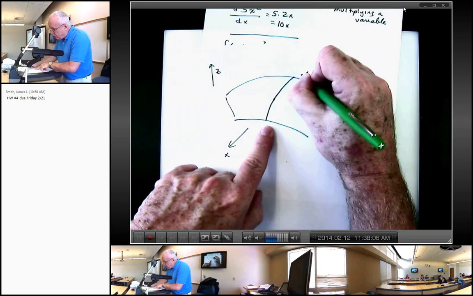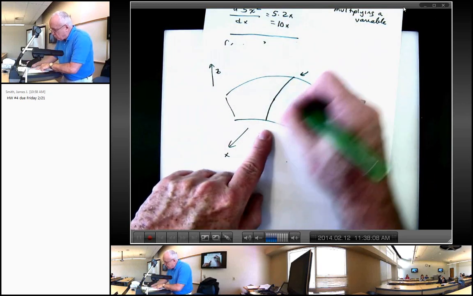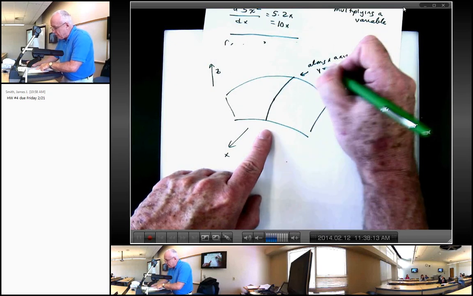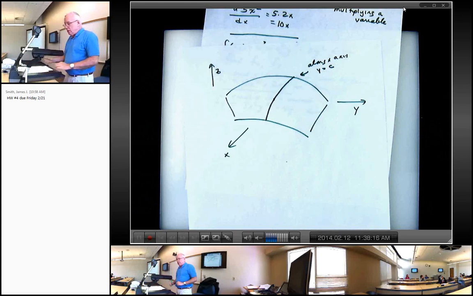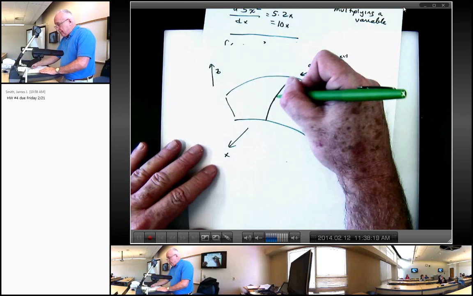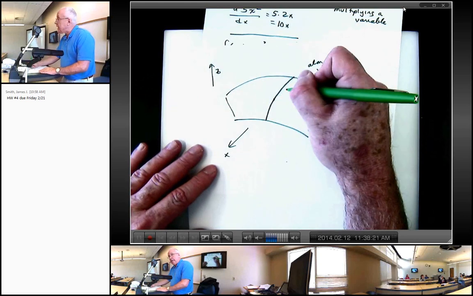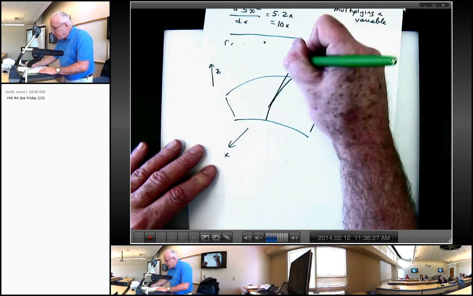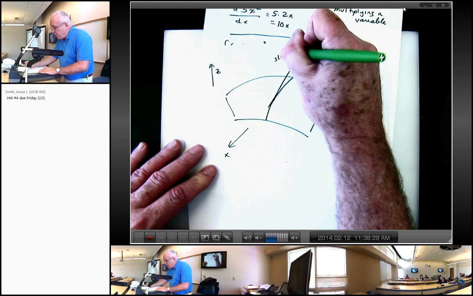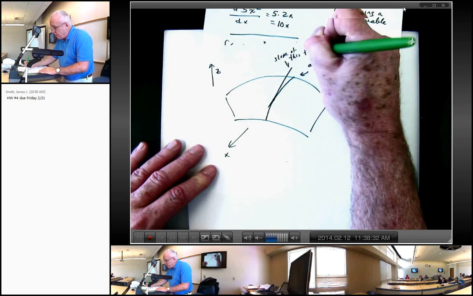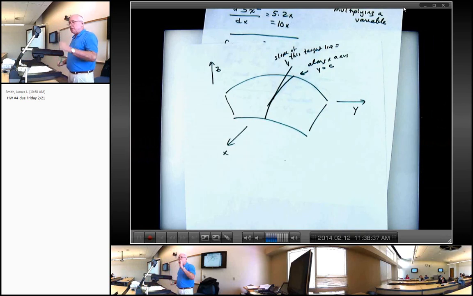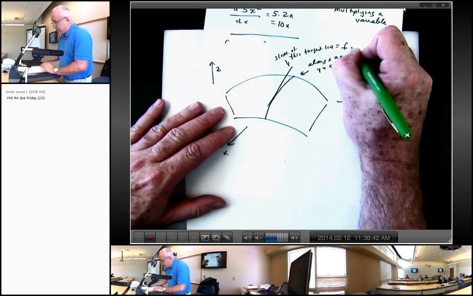So here, along this curve, this is along the x-axis, y has the same value. Y is equal to a constant there. This is a curve. It has a tangent line. The slope of this tangent line is equal to the value of the derivative going along the x direction, which equals fx.